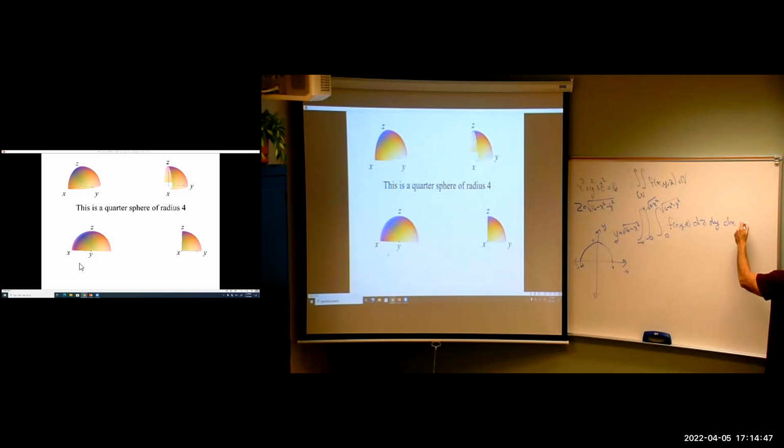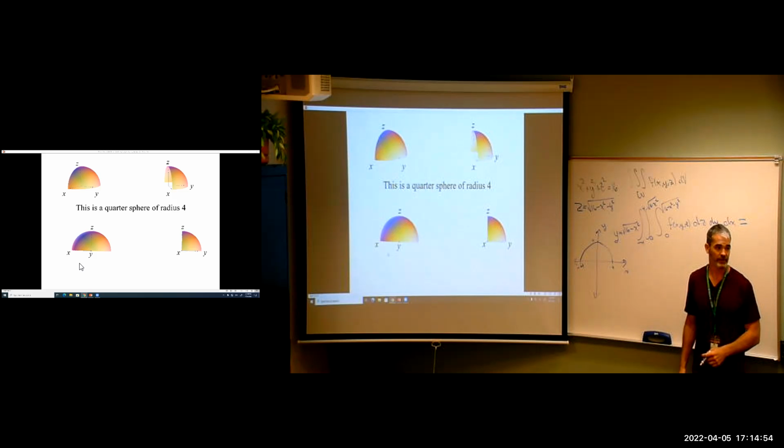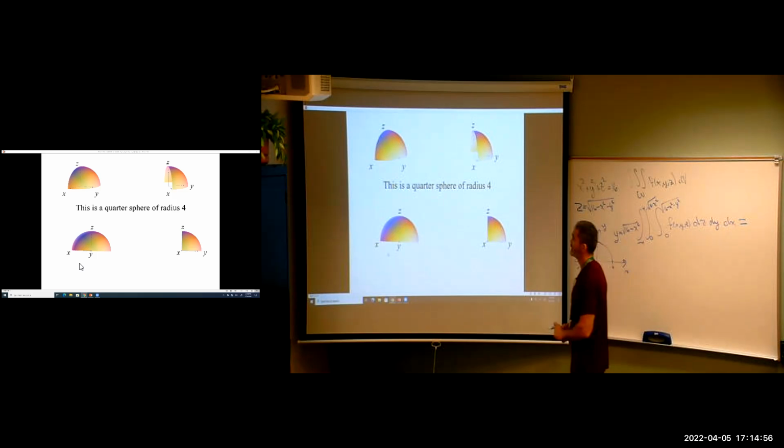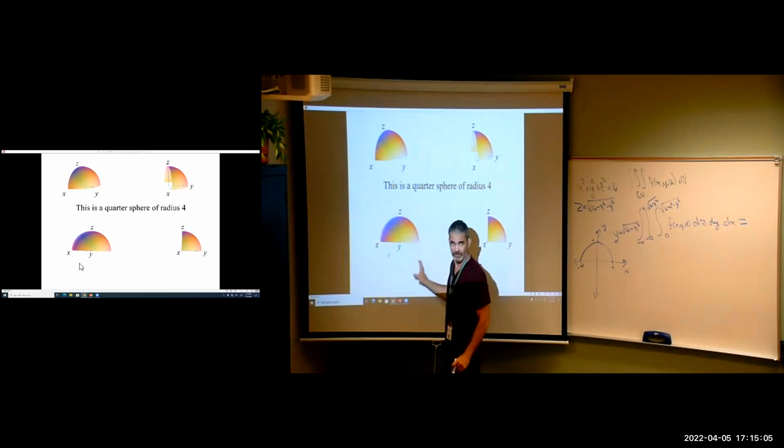All right, let me show you an equivalent one. Maybe I decide to do x first. If I'm going in the x direction, now we do get negatives, and it's going to go from the negative side of the sphere to the positive.